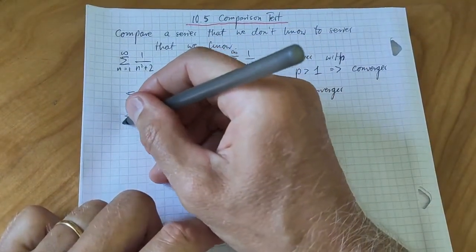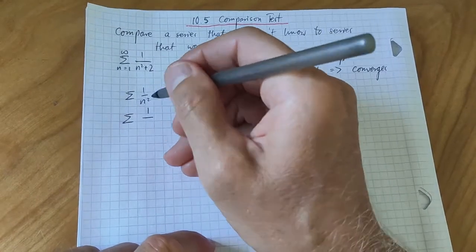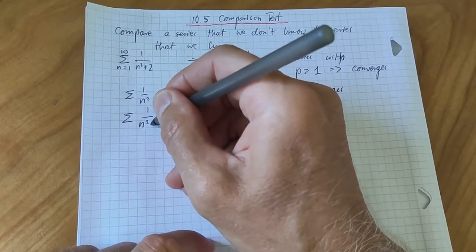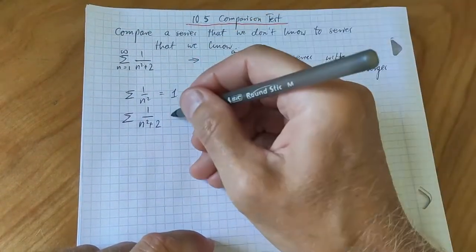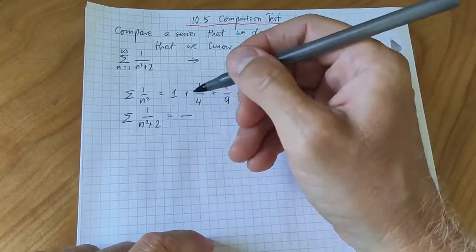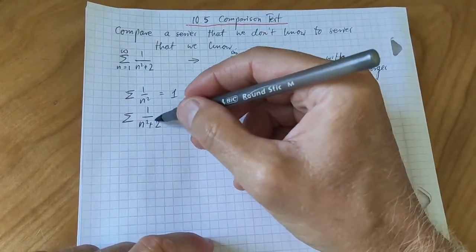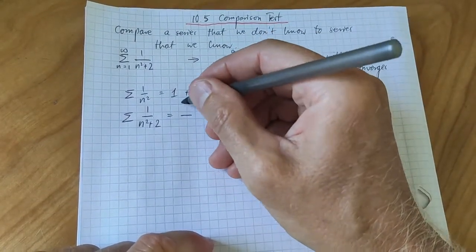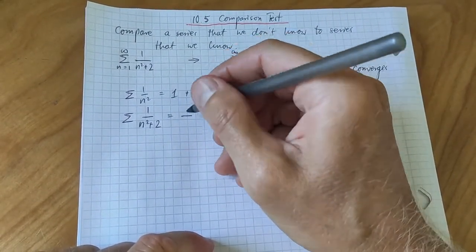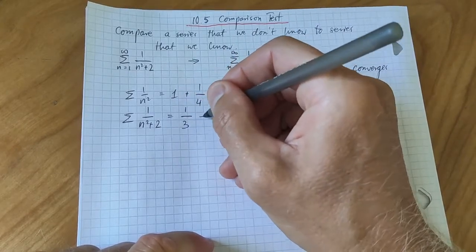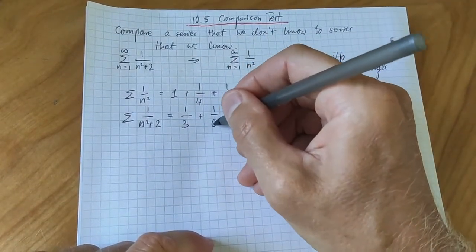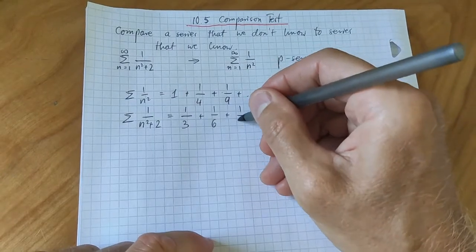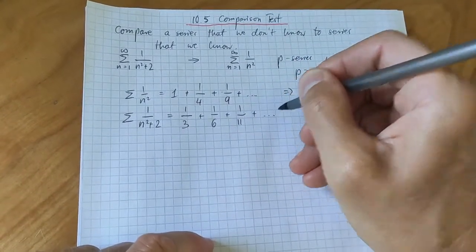The other one will be similar, but the denominator will be greater by 2. So my first term, if this one is 1 over 1, this one will be 1 over 3. And then 1 over 6, plus 1 over 11, and it keeps going.